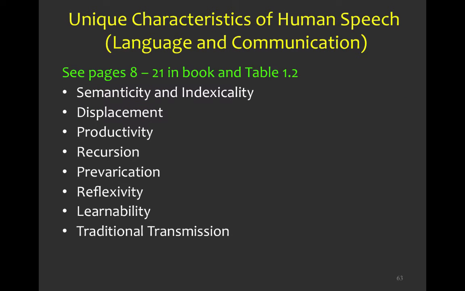So I'd like to now take a look at some of these unique characteristics or features of human speech, language, and communication. They're described on pages 8 to 21 in our book and in table 1.2 on page 10. I'm not talking about all of them.